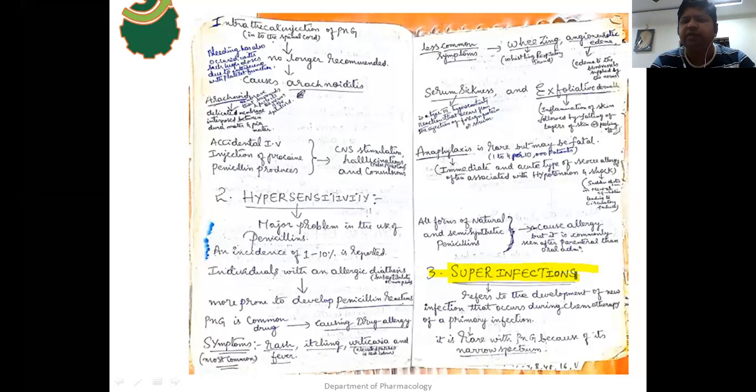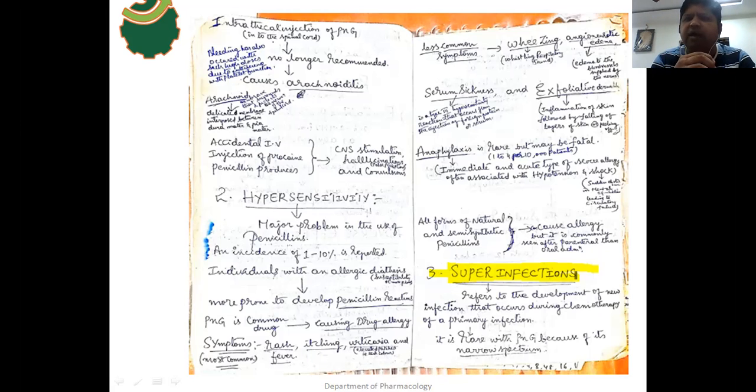In simple language, when you use a broad spectrum antibiotic, it will kill the dangerous or harmful bacteria. Along with that, it will also kill the friendly intestinal flora that protects us from several diseases, which is a part of our immune mechanism.